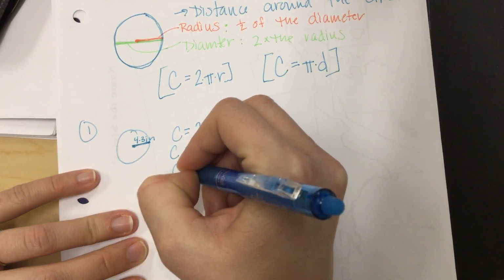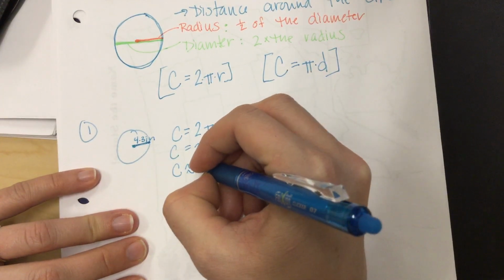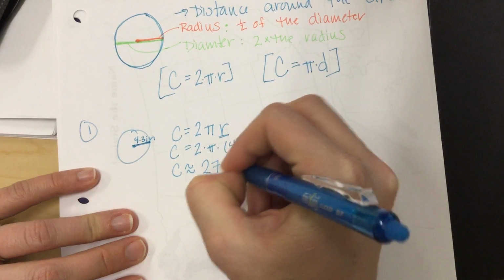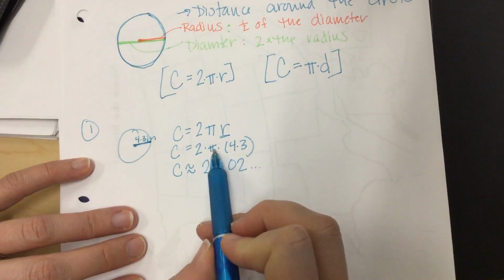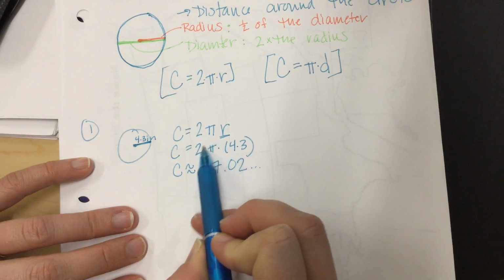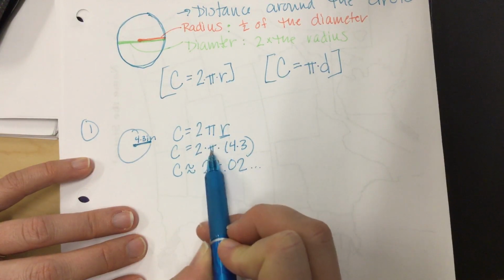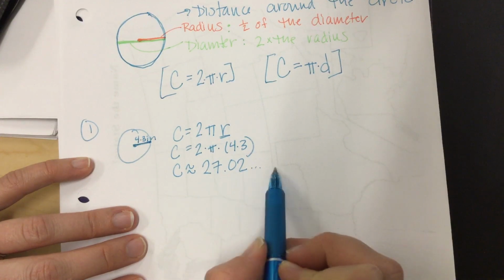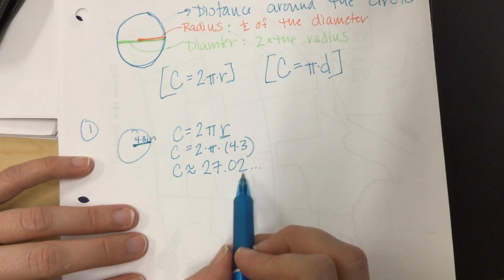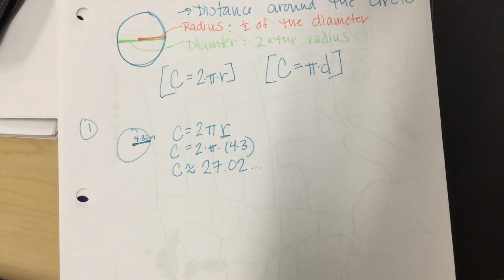The circumference is about 27.02 and so on. Because pi is an irrational number that never ends, you're going to get a value that never ends here, and I'm just going to round it to the nearest hundredth place.